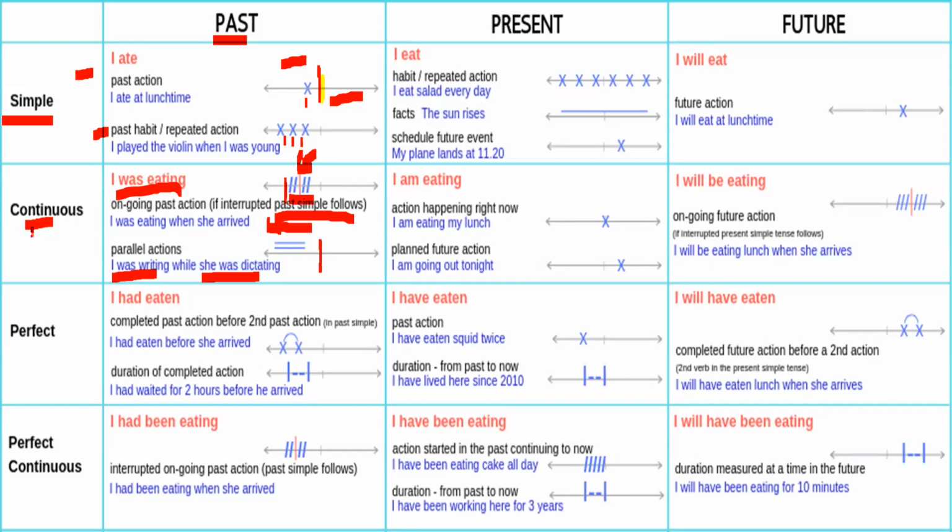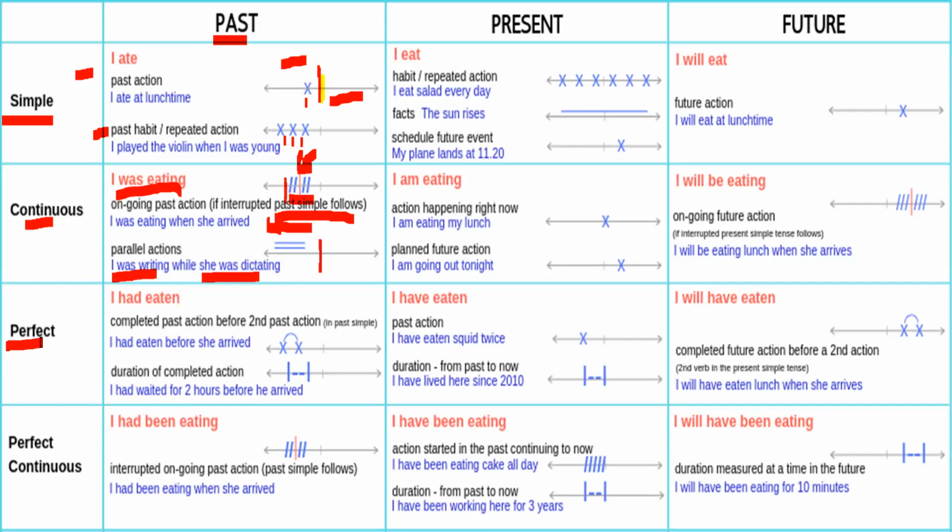The second one, continuous, is an event that happened in the past and was continuous in the past. And you have two options here. Either the first one is to talk about another event that happened after, to interrupt this continuous past action, or another parallel action to this continuous tense in the past.